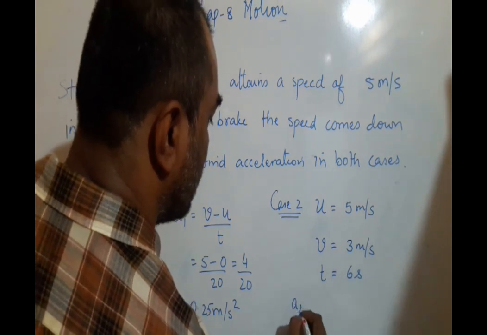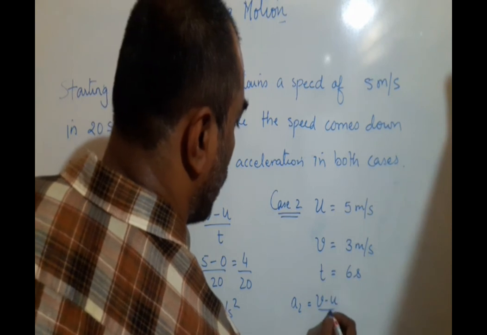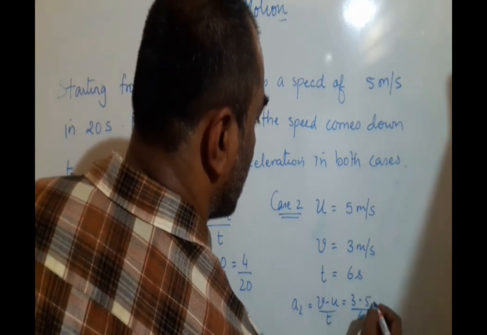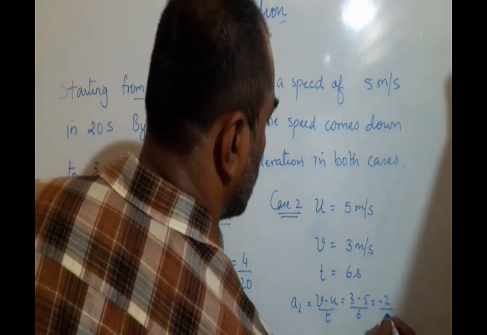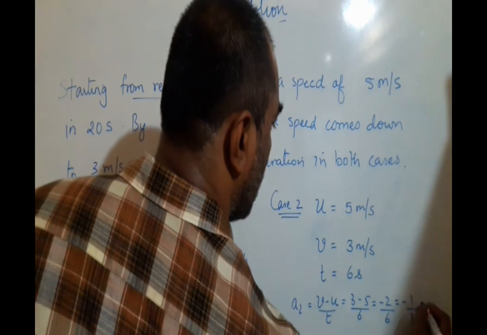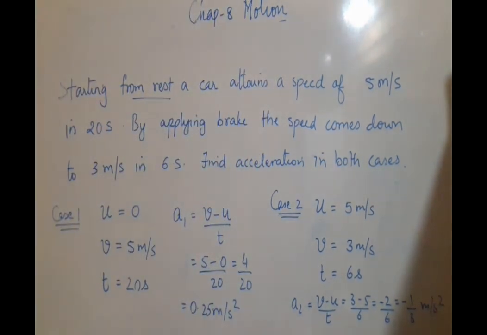So acceleration in this case will be V minus U upon T, equal to 3 minus 5 upon 6, that is minus 2 by 6 or minus 1 by 3 meter per second square. So here you can see the acceleration is negative. Negative acceleration means the velocity is decreasing in this case.